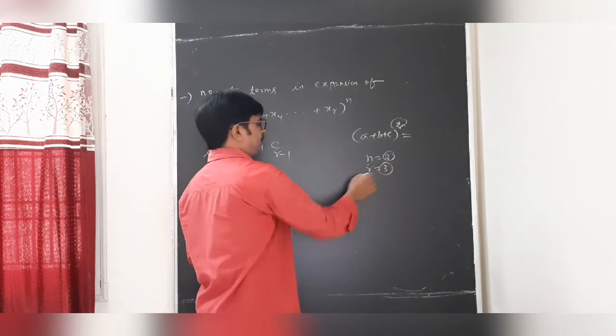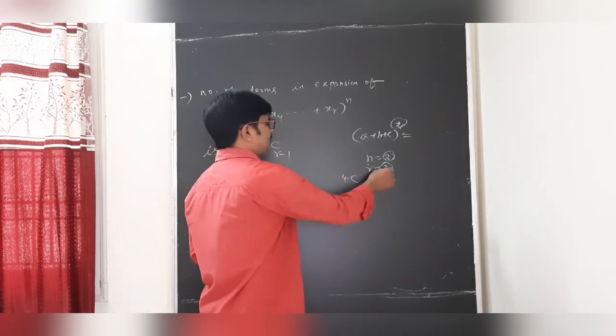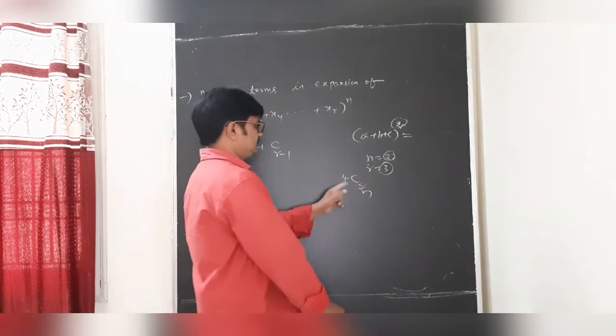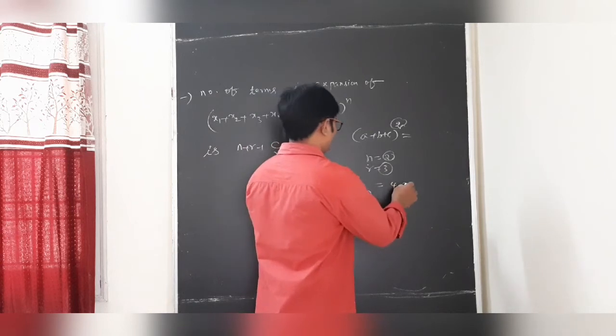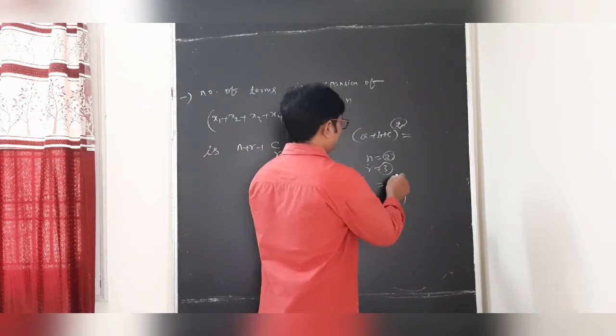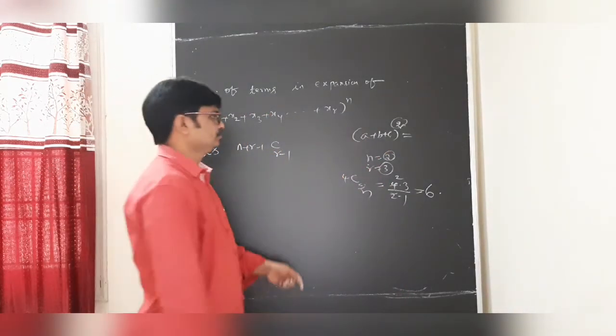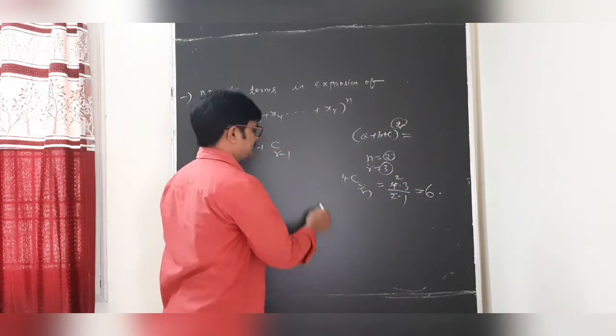That is 2 plus 3, 5 minus 1, 4. r minus 1 is 3 minus 1, that is 2. So, students, this is 4C2, 4 into 3 upon 2 into 1. This is 6. The number of terms is 6.